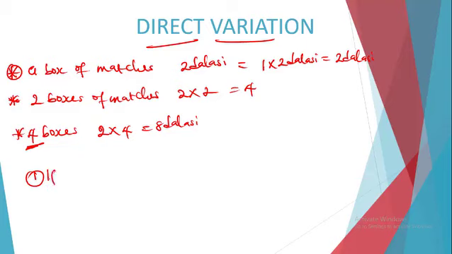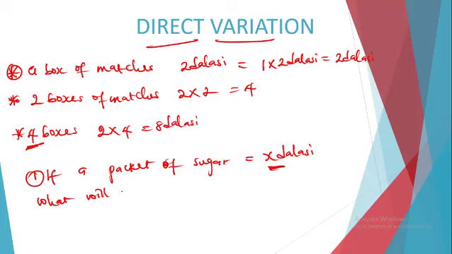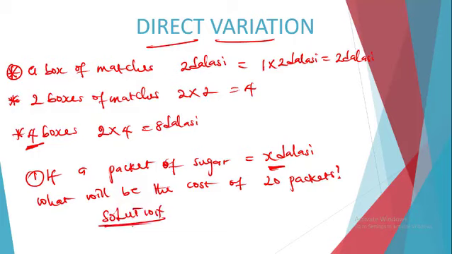Let's take one example on this. Assuming we have a packet of sugar equal to $X. X can be any price, it can be any number at all. The question is, what will be the cost of 20 packets? This is very simple if you understood what I explained earlier.